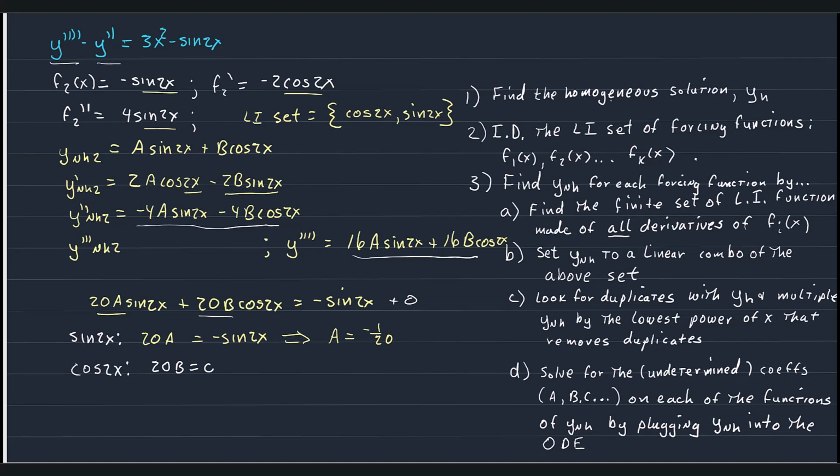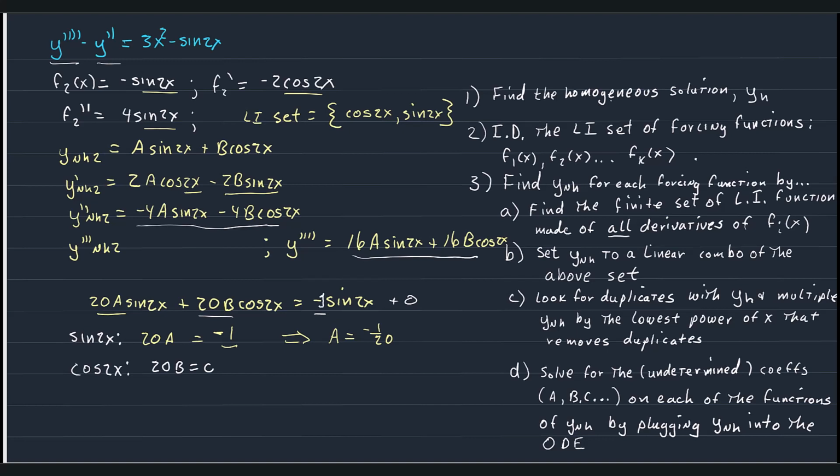And so this tells us that a is equal to minus 1/20. Sorry, I shouldn't have written a sine 2x here. I should have just written a minus 1, because minus 1 is the coefficient here on sine 2x, and so we have to equate coefficients.